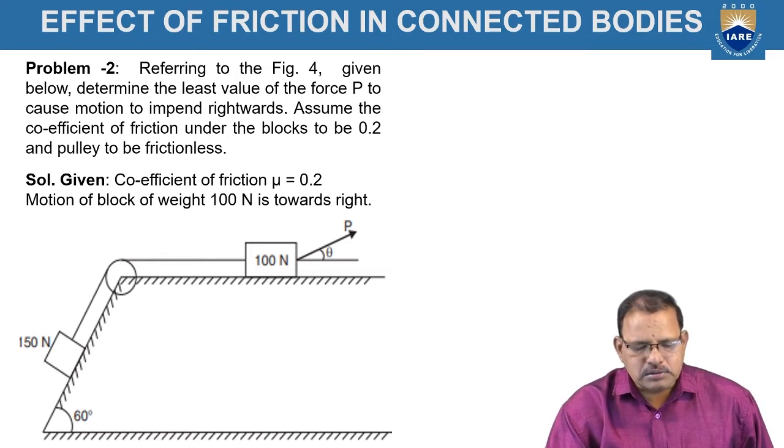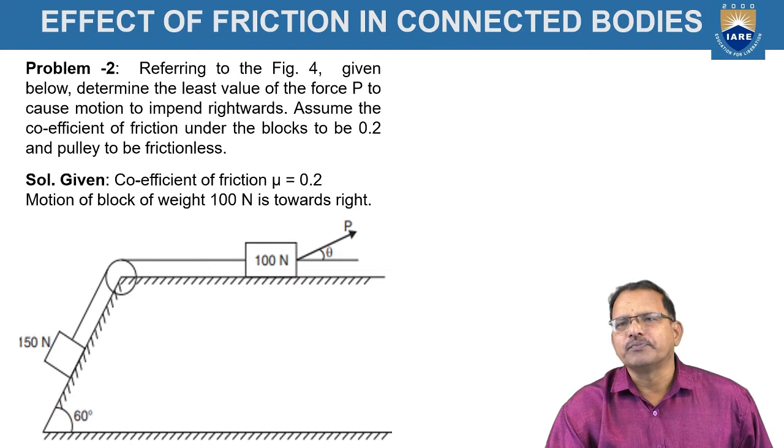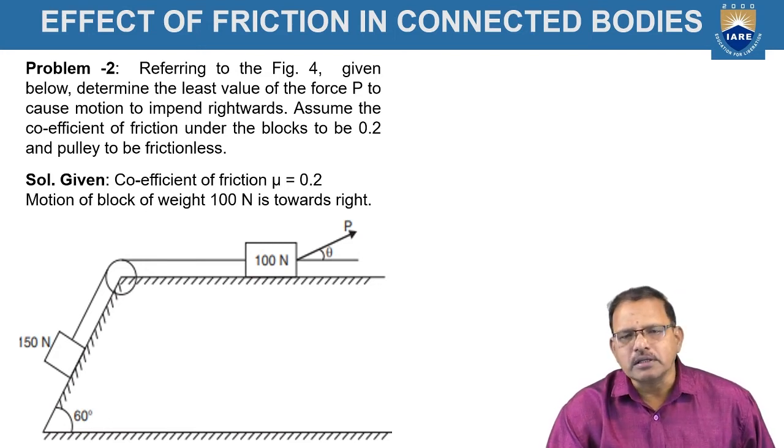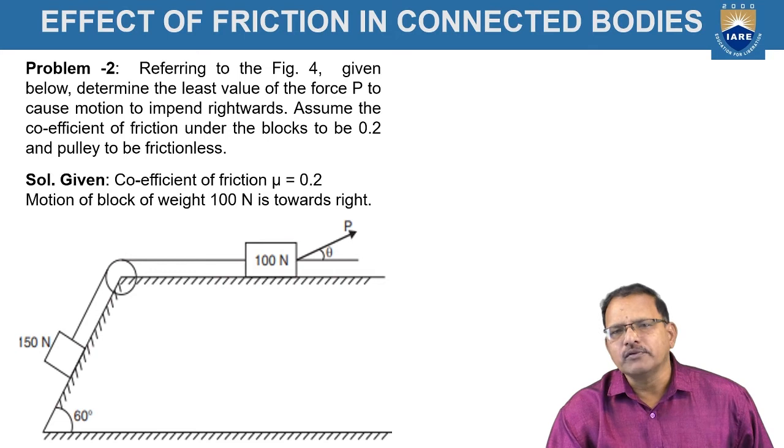Here, in this problem, we have to determine the value of P, the minimum value that is required to impede the motion of the connected bodies toward the right side.